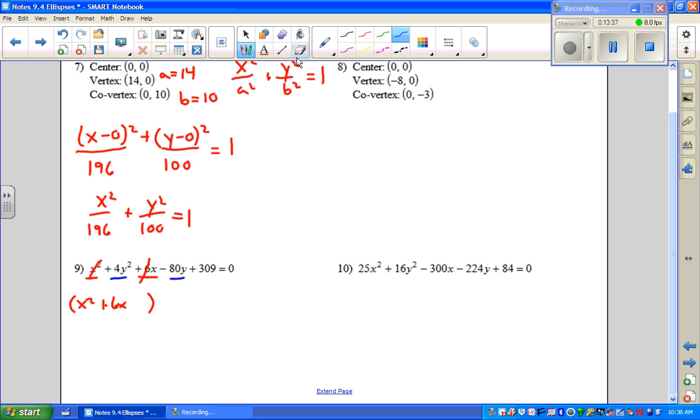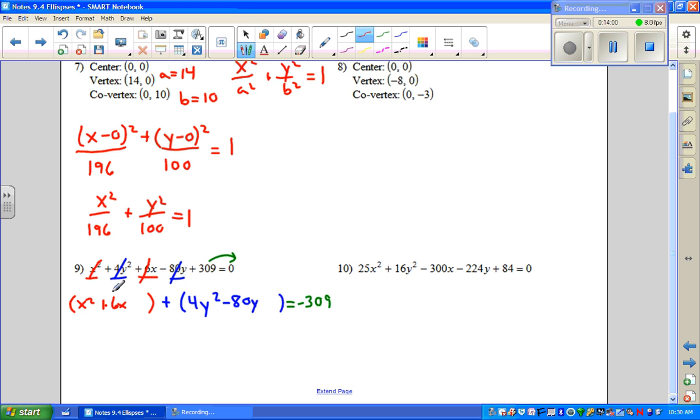So I have x squared minus 6x, and then I got 4y squared minus 80y, and then I would take this and move it over by subtracting it. So I get equals negative 309, okay?